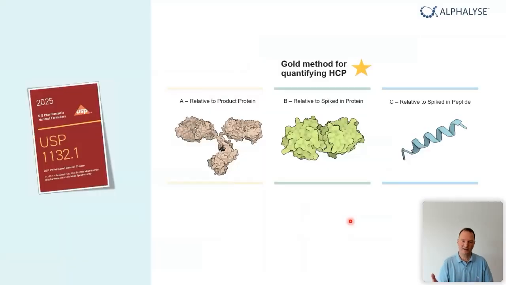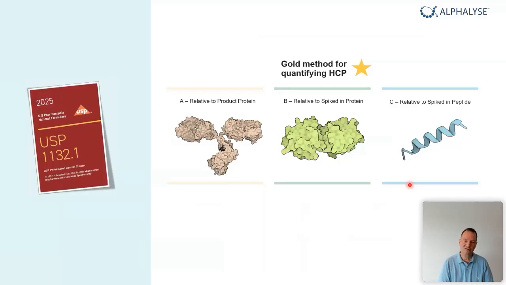So what method should you choose? Of course, as Victor just demonstrated, we believe here at AlphaLyse that we have the best, most global methods for doing this. So when we do relative to spiked in protein, this method works for any HCP quantified against this reference protein, and it works for any type of drug substance.